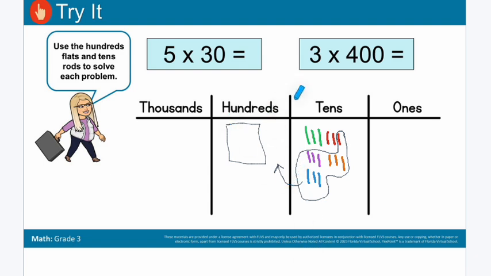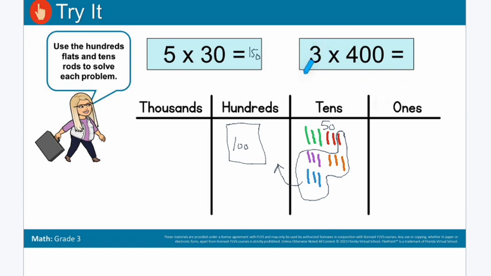Now I see that I have 1 flat and 1, 2, 3, 4, 5 rods. In this case, my flat is equal to 100 and my rods are equal to 10. So I have 50 in tens and 100. So 100 plus 50 gives me 150.